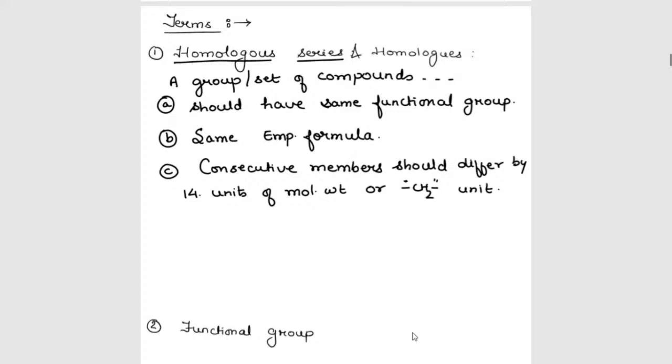But after considering that consecutive members word, some of you make a conclusion which a teacher might have never said, that only those which have a difference of CH2 or 14 units will be called homologues. No. In a question you can be asked anyone from that series, need not be exactly consecutive members.